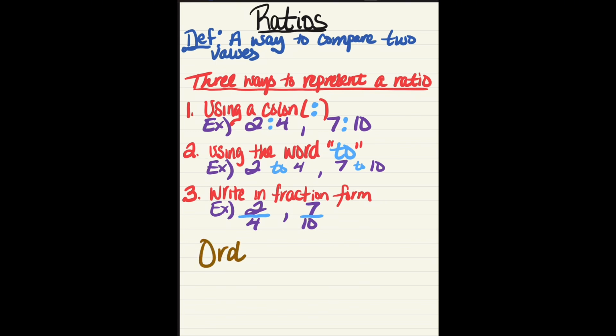Order does matter. So whatever object, whatever number comes first, is always going to be first, okay?